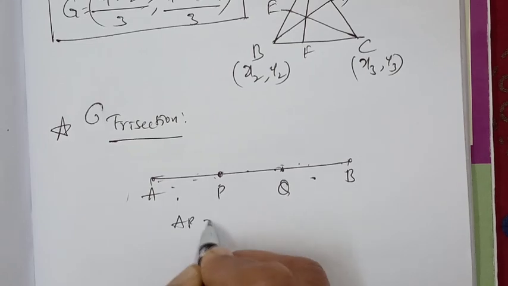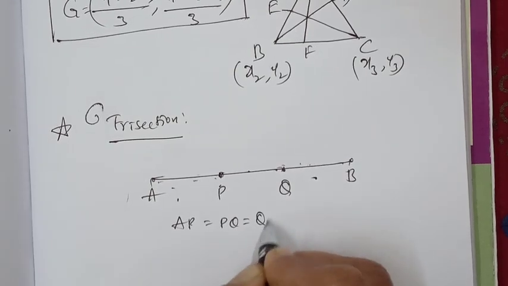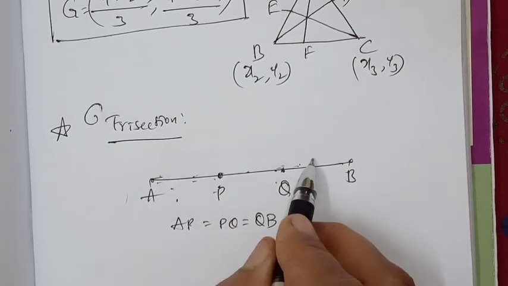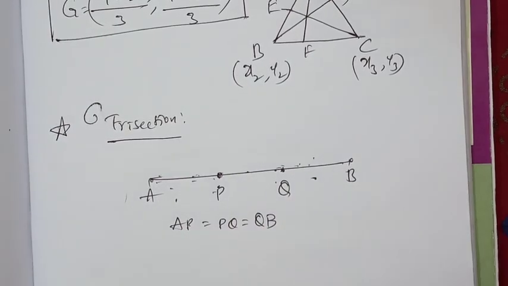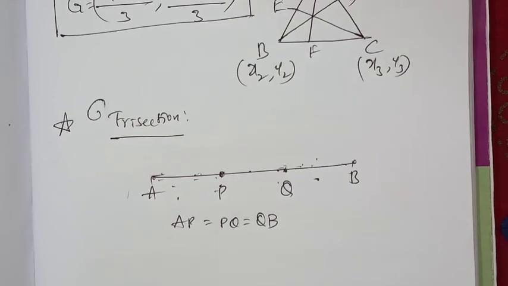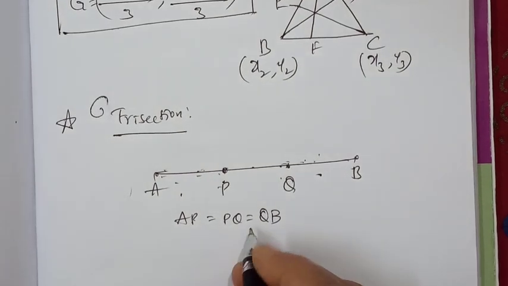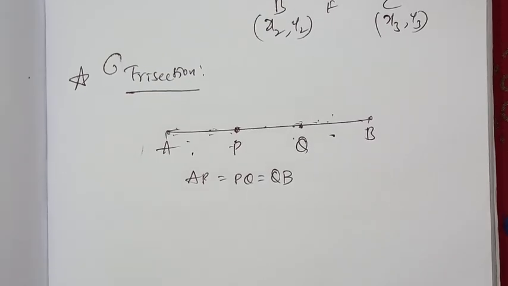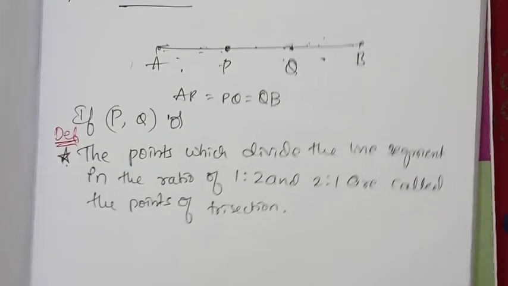That means AP is equal to PQ is equal to QB. The points P and Q should divide the line segment AB into three equal parts. This is known as trisection. I'll give the definition also.